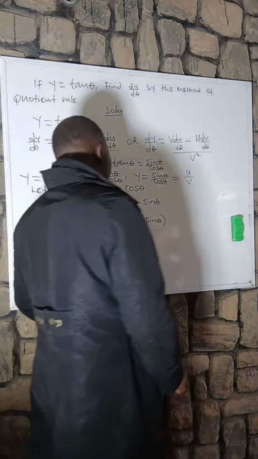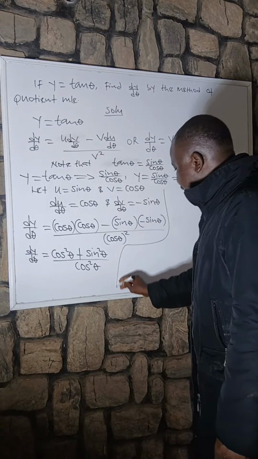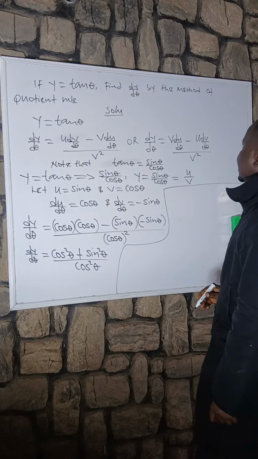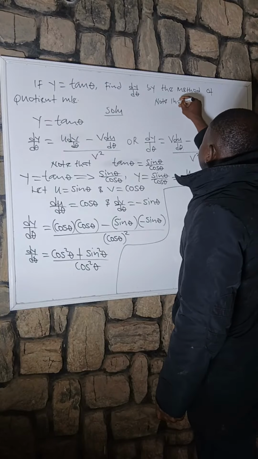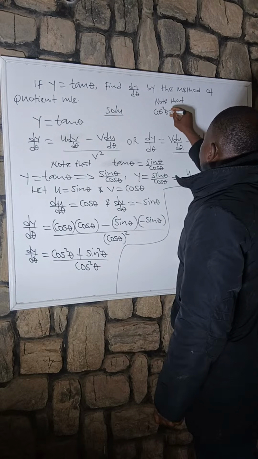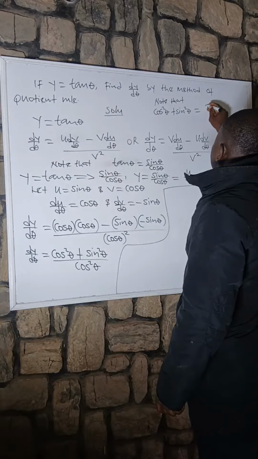So now let's go back to our trig identities. We were taught trig, so note that cos squared θ plus sin squared θ is equal to 1.